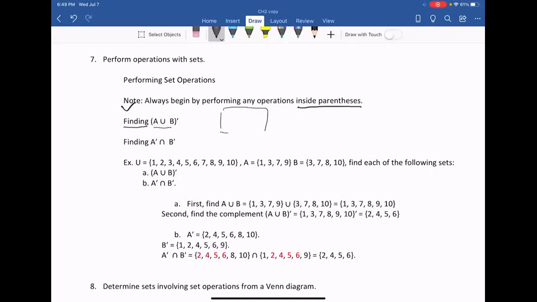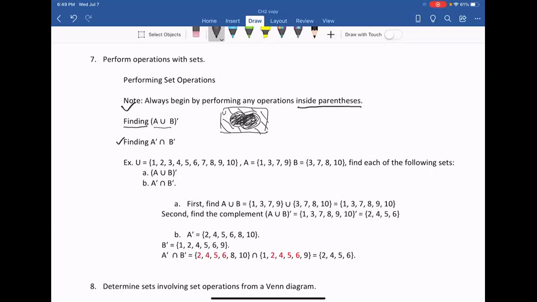For example, I just draw a Venn diagram, A and B, the union of A and B here. So we are looking for the complement in the universal set. So first we find the union and then find the complement.